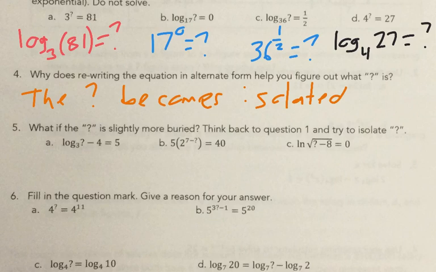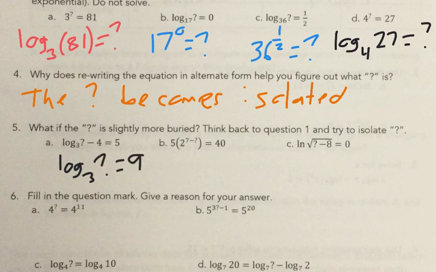Is the logarithm isolated? No. Why not? Correct. There's 2 terms over there. The subtracting 4 is keeping it from being isolated. So undo it. So how can I undo subtracting 4? I would add 4 to both sides.